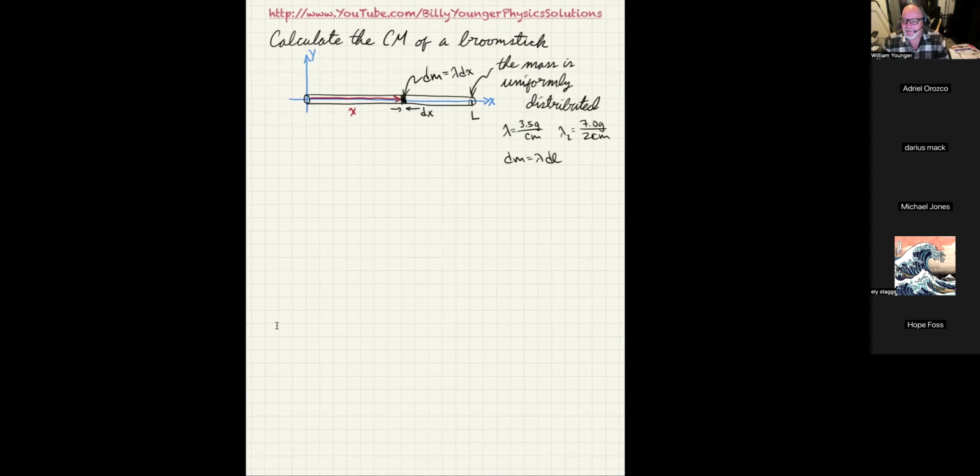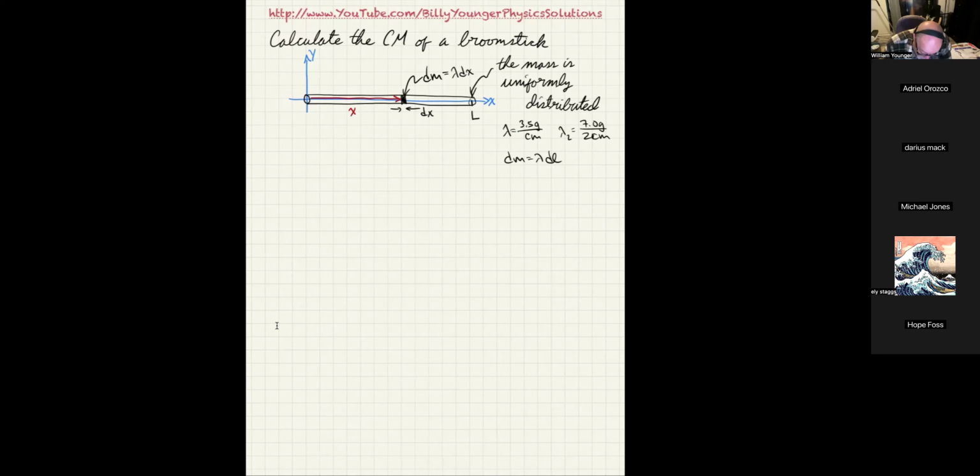Eli. Yeah, it'd be the geometric center. So we expect this answer to come out to be L over 2. I just use the symbol L, and that allows for any length. And lambda is a constant that allows for any length as well.